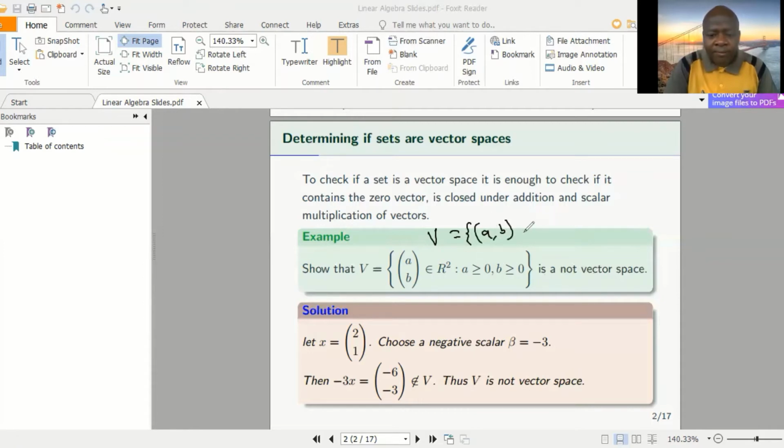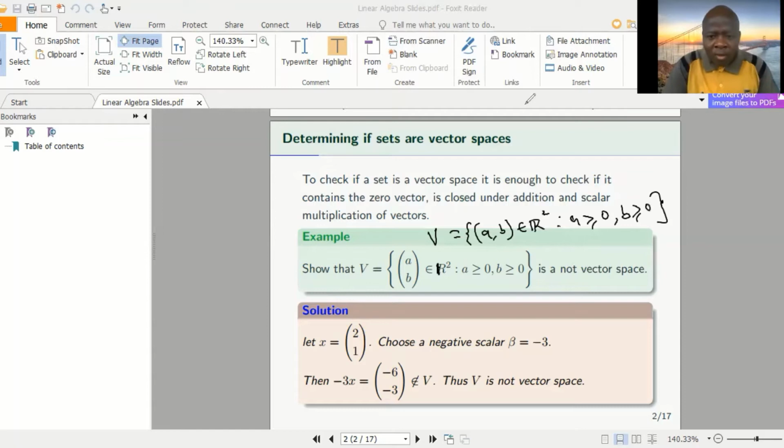It's the same thing in R2. It is supposed to be double-struck R, such that A is greater than or equal to 0 and B is greater than or equal to 0. So you don't get confused when you find it written this way instead of this format. This is just a vector. You can write it in column form or in row form.